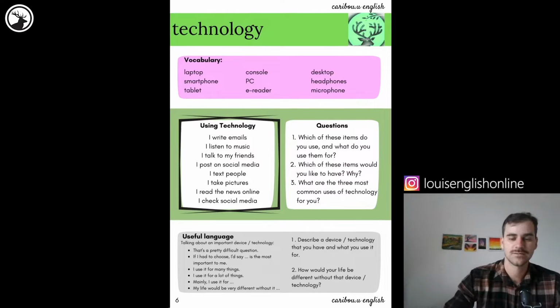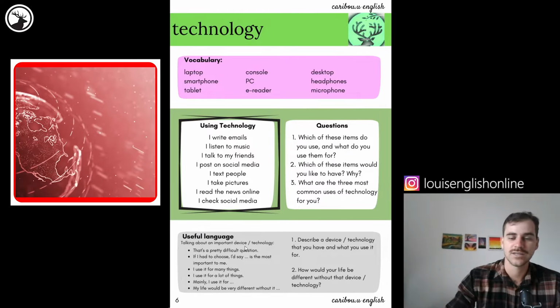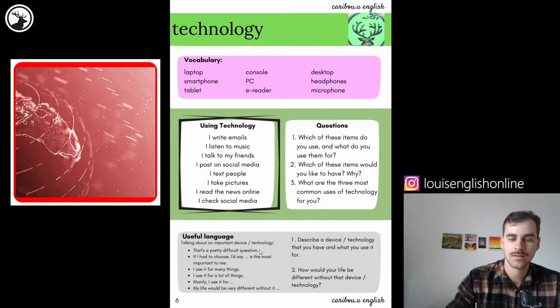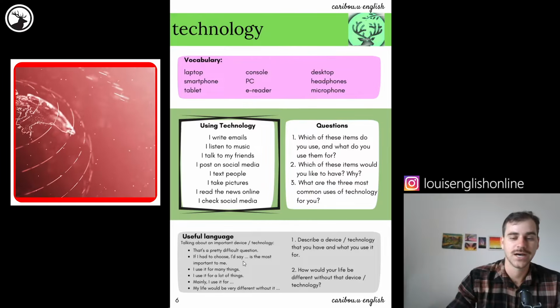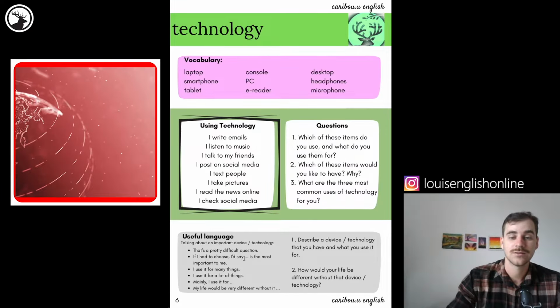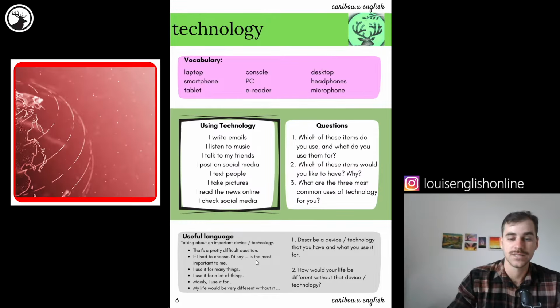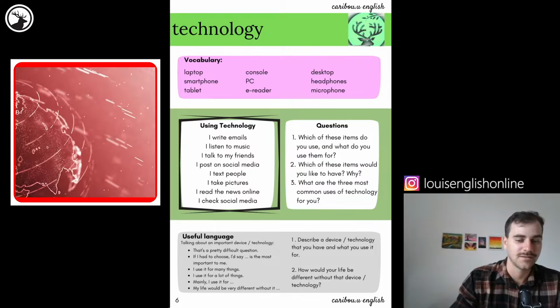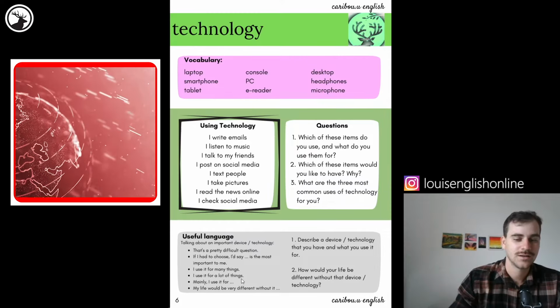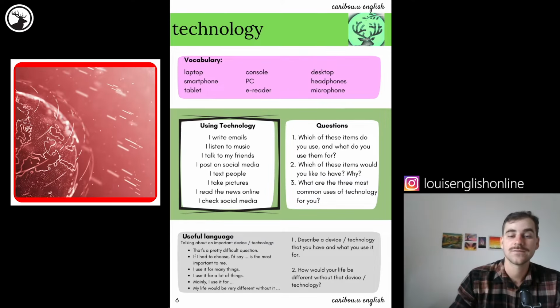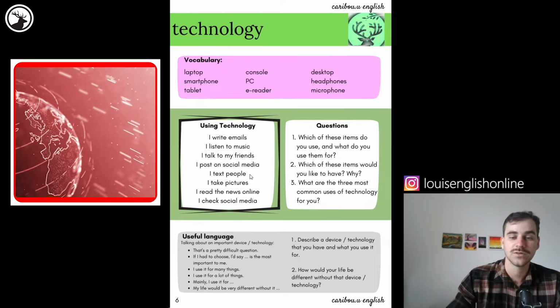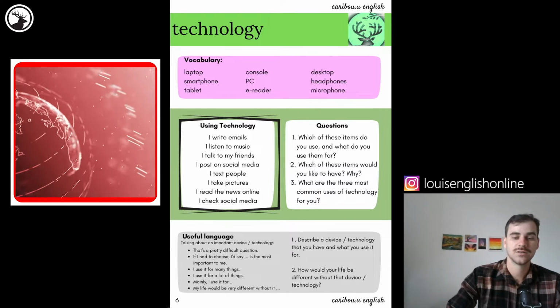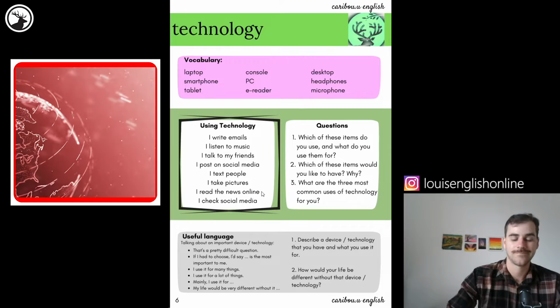I'll go first. That's a pretty difficult question. If I had to choose, I'd say my smartphone is the most important to me. I use it for many things. Mainly, I use it for texting people, taking pictures, and reading the news online.